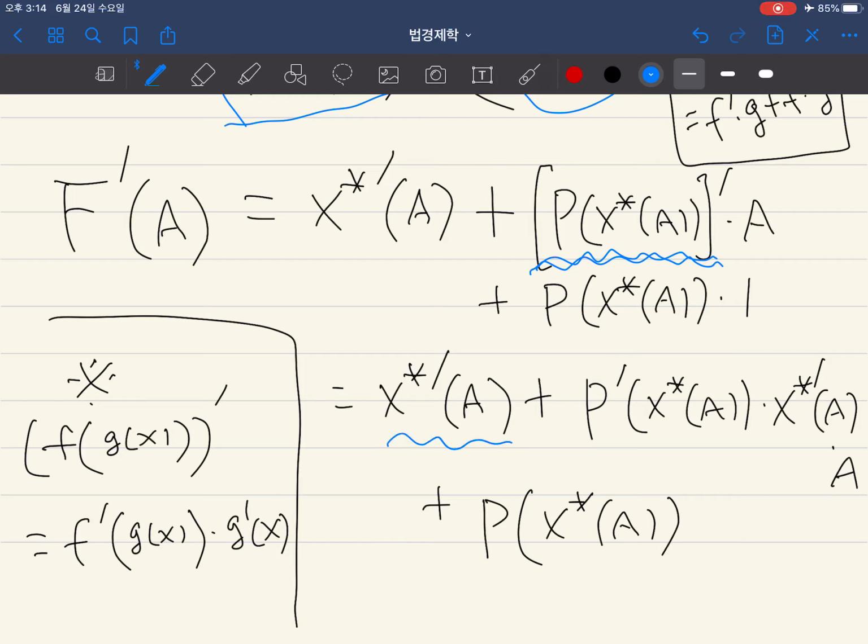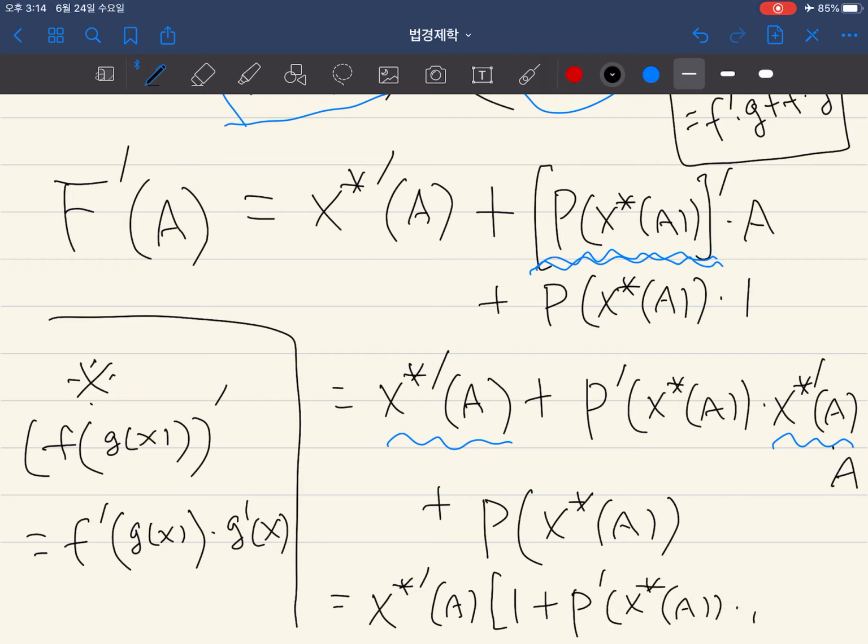Now we have the common term x star prime a. Plus. So this is what we get.